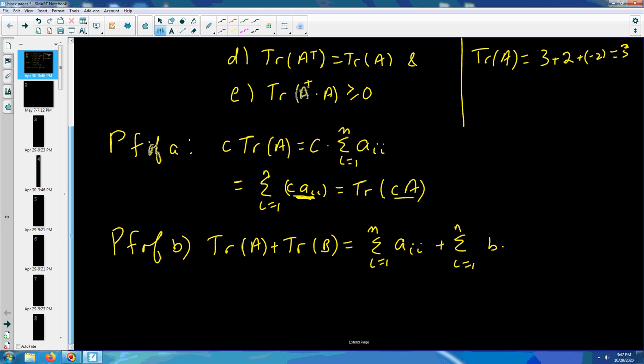So it'll be the summation of B_ii as i goes from 1 to n. But this is the summation as i goes from 1 to n of A_ii plus B_ii.